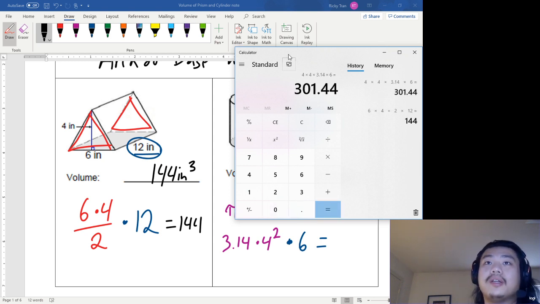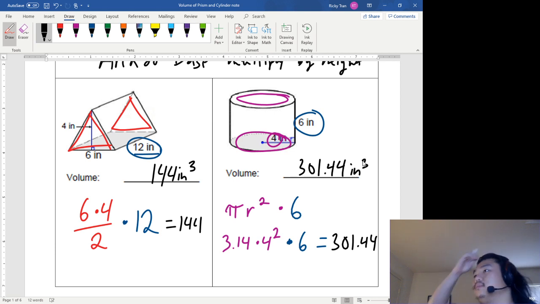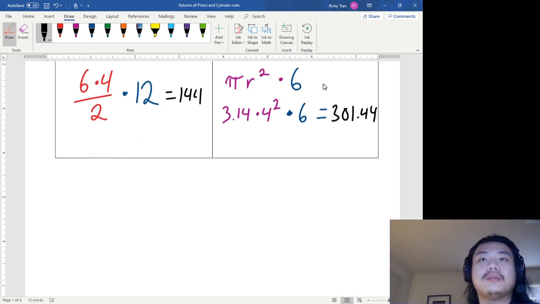Boom, 301.44 inches cubed. Then I'll just make sure I include a cylinder for tomorrow's assignment.